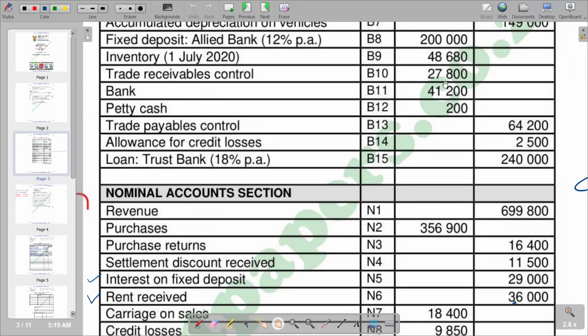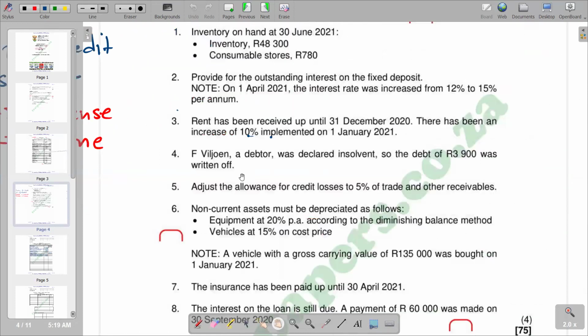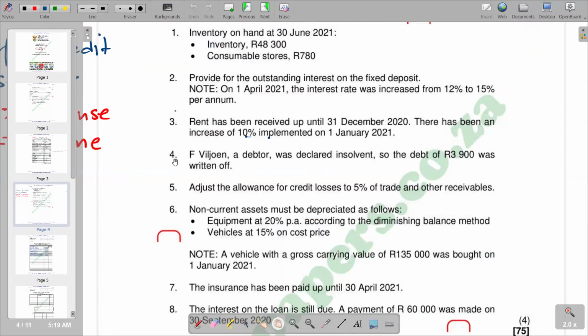So 27,800, but we check if you've got any further credit losses. If you have any further credit losses, we need to subtract them from this figure, then you use the net figure. On item 4, we put FP John, the debtor was declared insolvent, so the debt of 3,900 was written off. So this is a credit loss.